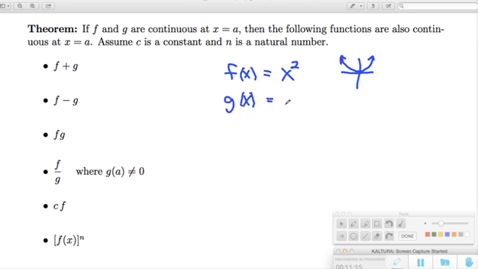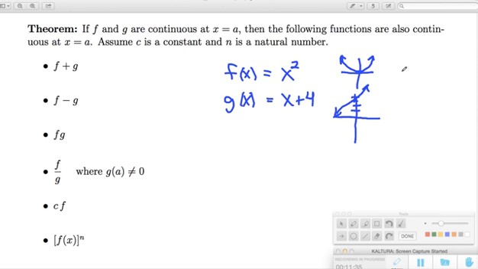Well, let's suppose that g of x is the function x plus 4. Now we all know that that's just a straight line with slope 1 and y-intercept 4. So that's actually not a perfectly straight line, but I think if you can use your imagination, that's what it looks like. Then any combination of f and g listed below is still continuous.